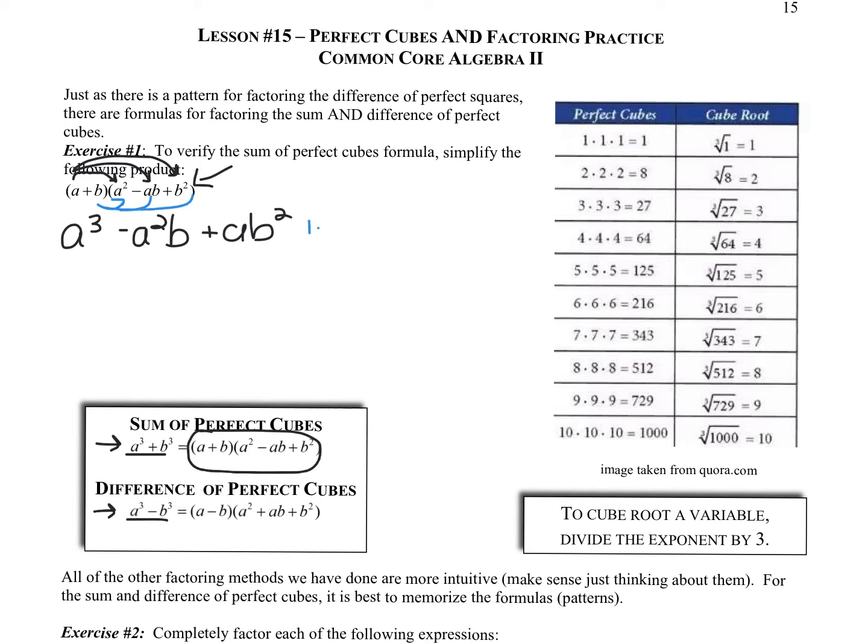So I have plus a squared b, and then minus ab squared, and finally plus b cubed. So from here, if I put in ones, that might be necessary, but pretty clearly these two terms are going to cancel, right? And these two terms are going to cancel, and we're just left with a cubed plus b cubed.